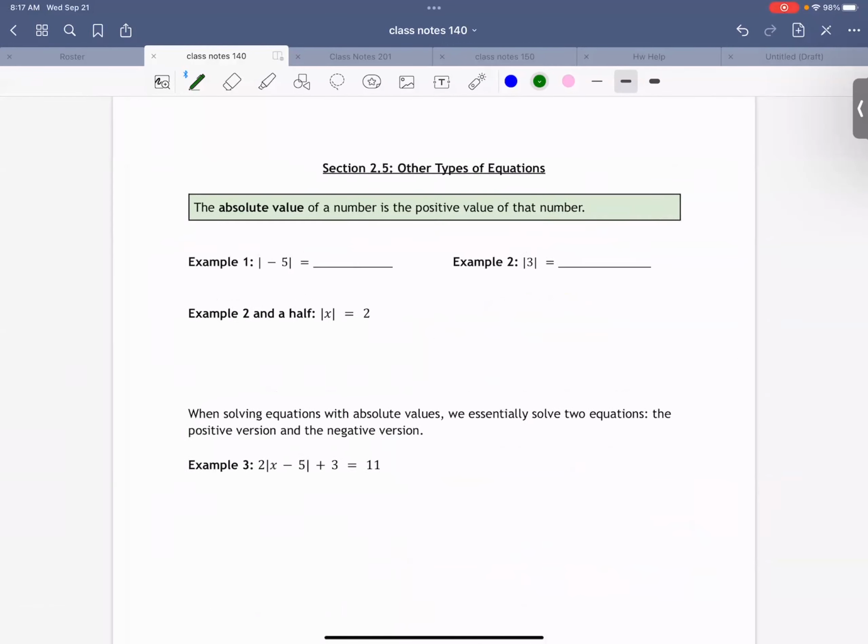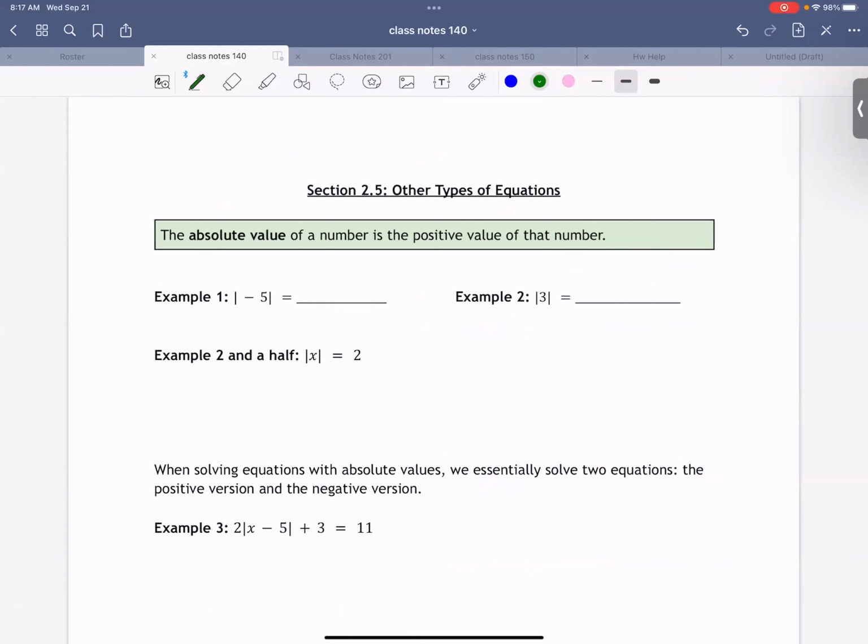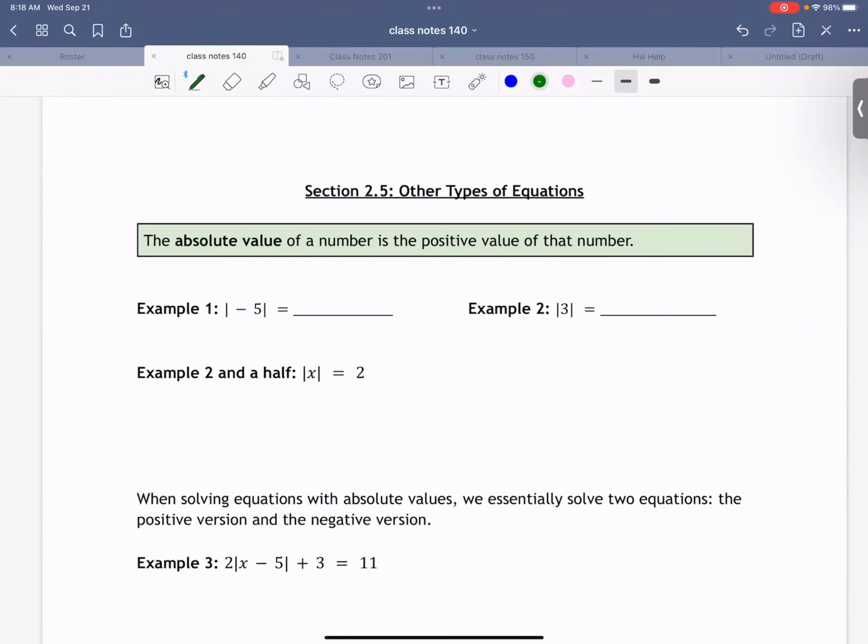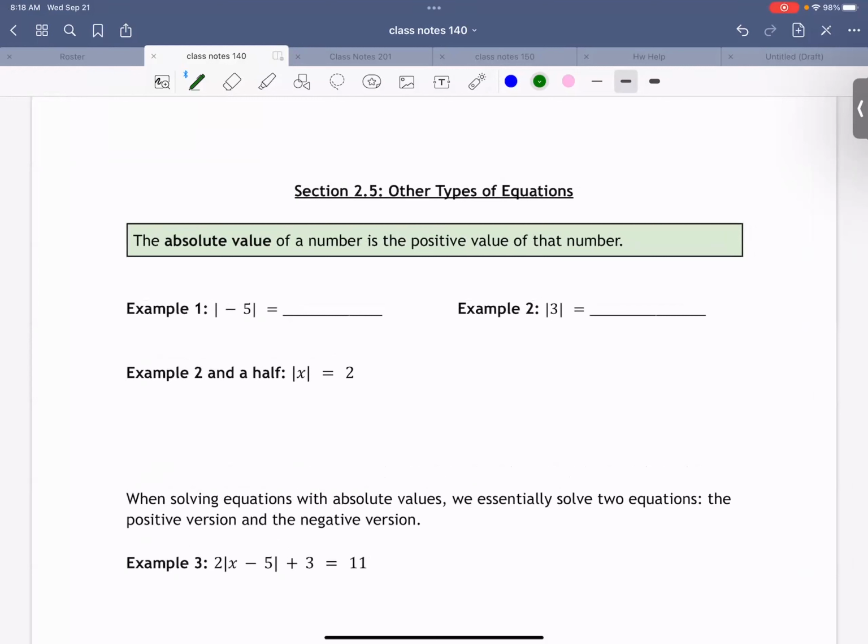All right, so new section, other types of equations. We're going to talk about different types of things that look a little bit weird that can show up in our equations. The first thing that can show up in an equation is this weird symbol that we call the absolute value symbol. We say that the absolute value of a number is the positive version of that number.